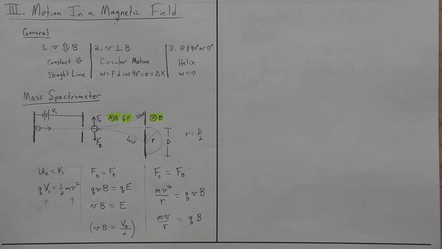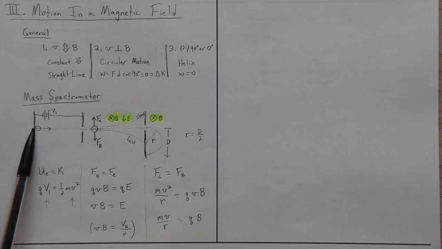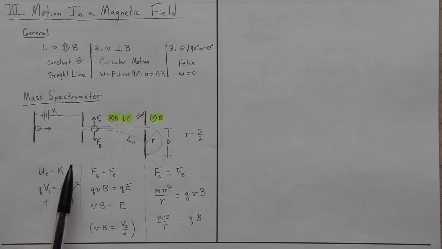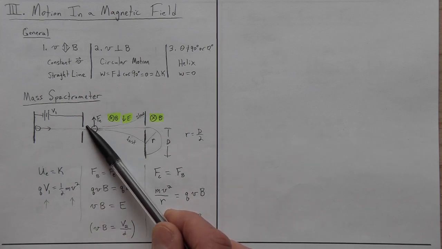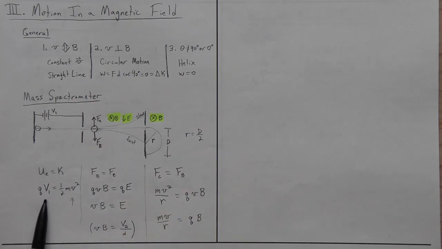All right, here's the physics. In region 1, where the particle is accelerating, we can use just simple energy conservation. We've got electrical energy here, and then it becomes kinetic energy over here. In other words, electrical energy QV, voltage 1, is equal to kinetic energy.